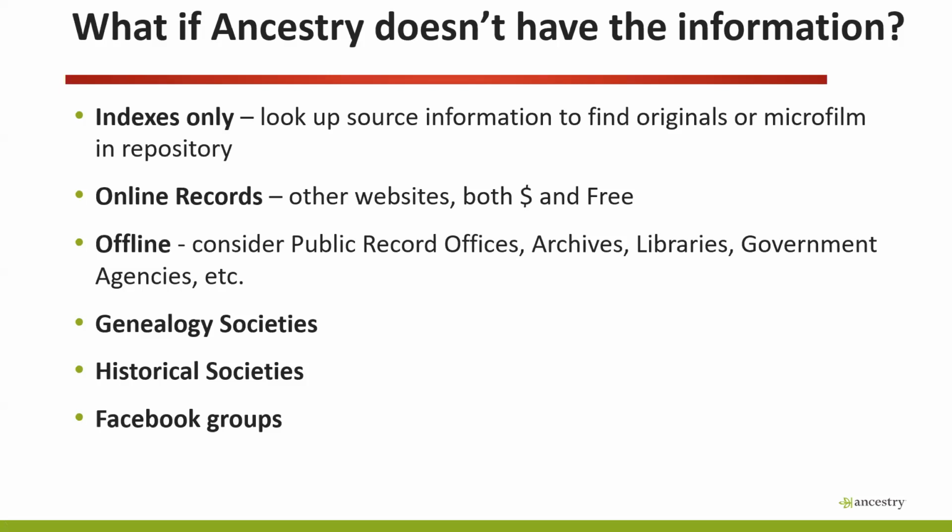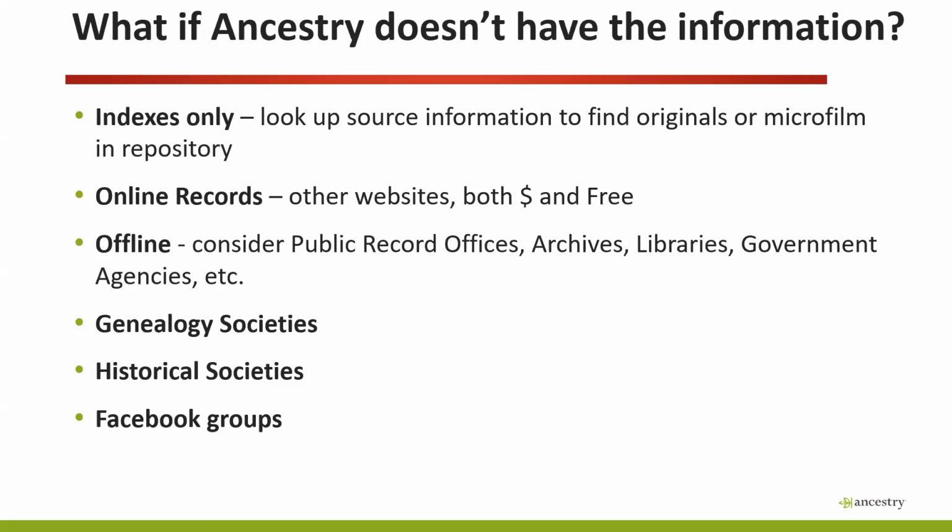Online records, you might want to check out other websites. Offline records, think of public record offices, archives, libraries, government agencies. Check out your historical societies and your genealogy societies. Maybe they have information that we don't. Maybe they've got scrapbooks.